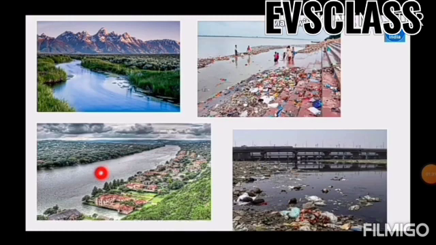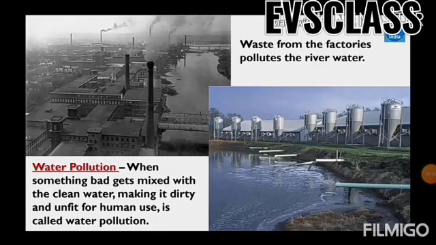So look here, students, water pollution. What is water pollution, students? When something bad gets mixed with clean water, making it dirty and unfit for human use, it is called water pollution. You see here factories, waste from the factories, students, pollutes the river water, my dear students.